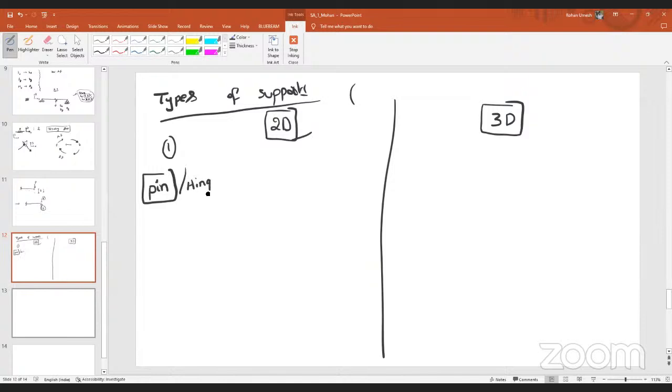Now the first and foremost support in any class that we will discuss is the pin joint, or we'll talk about the hinge joint. So how are we going to represent it? This is the general kind of representation. If it is a hinge joint or a pin joint, how many reaction forces will develop? Here I'm not talking about the applied forces, I'm talking about the reaction forces.